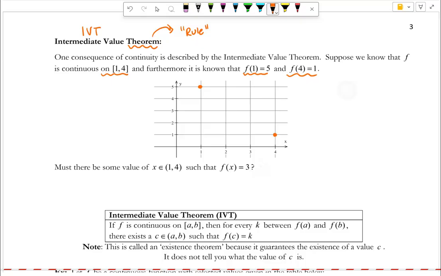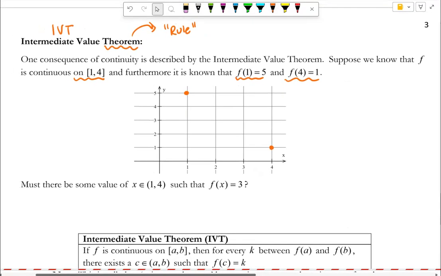The only two things we know is that our function is continuous from 1 to 4, and we know those two values. I guess that's three things that we know. So we know that if our function is continuous, informally we should be able to trace it from one point to the other point without picking up our pencil. So who knows? Maybe it's linear, like maybe that's what our function looks like.